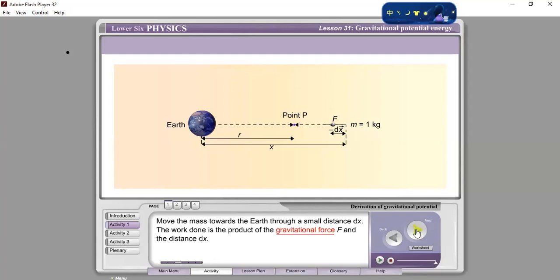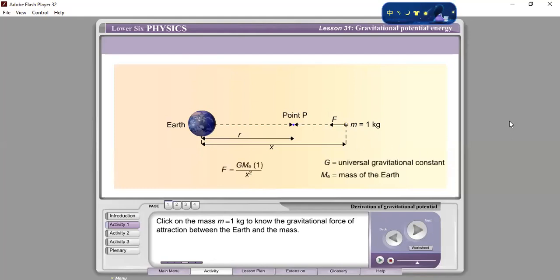Attractive force is negative. Take the mass m equals 1 kilogram to find the gravitational force of attraction between the Earth and the mass. F equals G mE over x squared, where G is the universal gravitational constant and mE is the mass of the Earth.